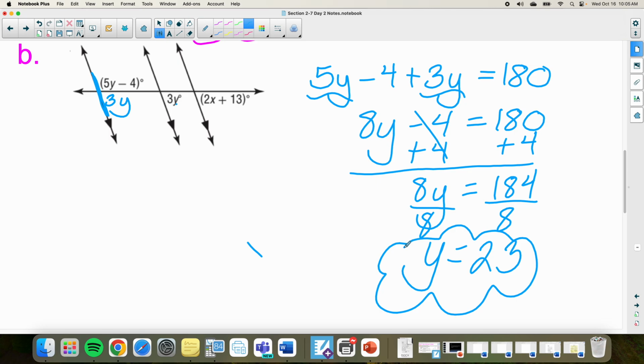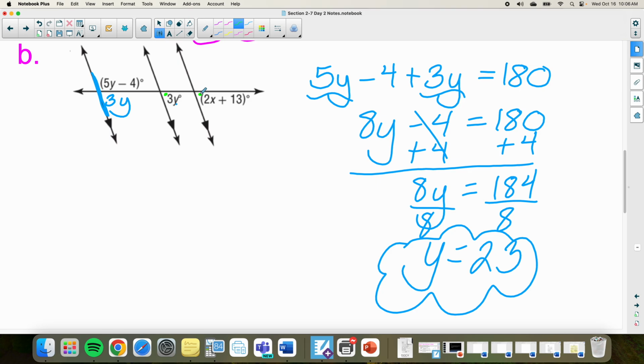Okay, now what I need to do next is substitute that y back in somewhere here, okay? And the one that I have a correlation between is these 2. What kind are those 2 with the green dots? They're corresponding, they're in the same position.